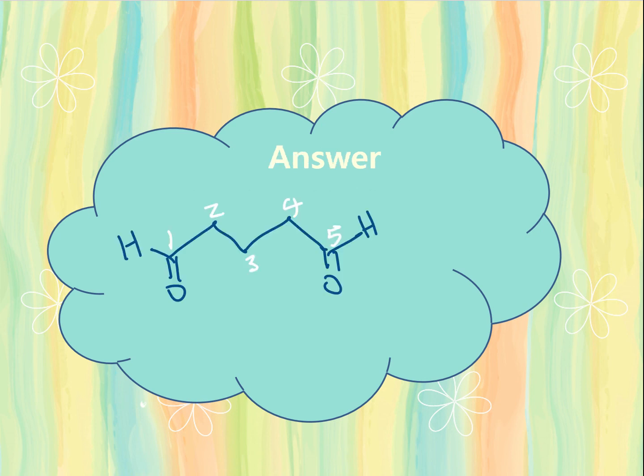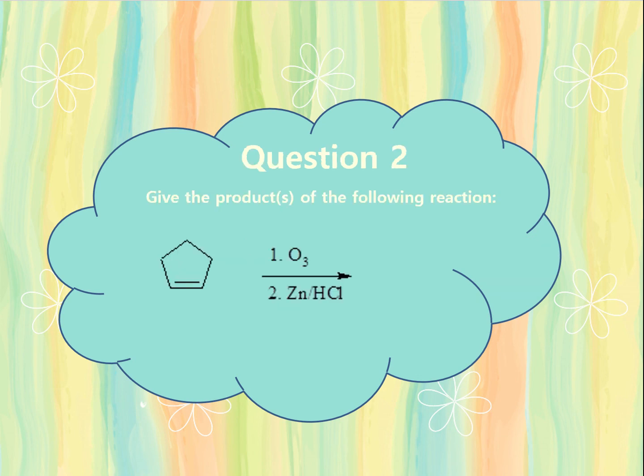All right, so if you actually drew this, then you would have been correct, right? So it was very important for me to number my carbons. A lot of people get confused with this. You must account for all carbons. This is a 5-membered ring, and the cleavage would have happened there, right?